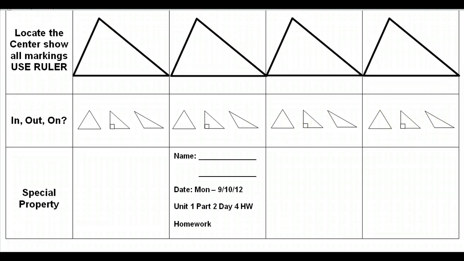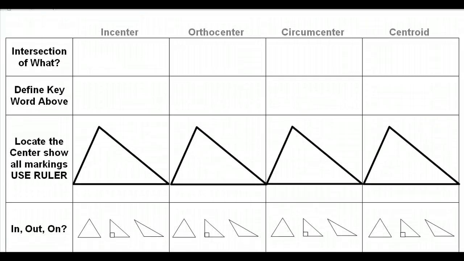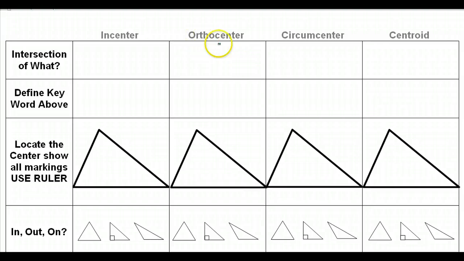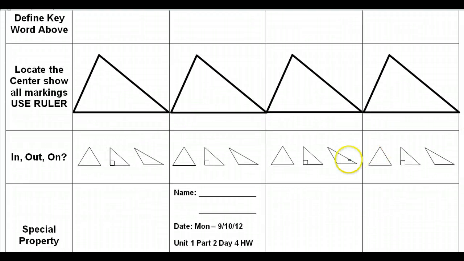Okay, let's see which one I'm doing. Well, that's centroid, but for example, circumcenter, perpendicular bisectors. You could just quickly go, okay, that's my midpoint, there's my perpendicular bisector.